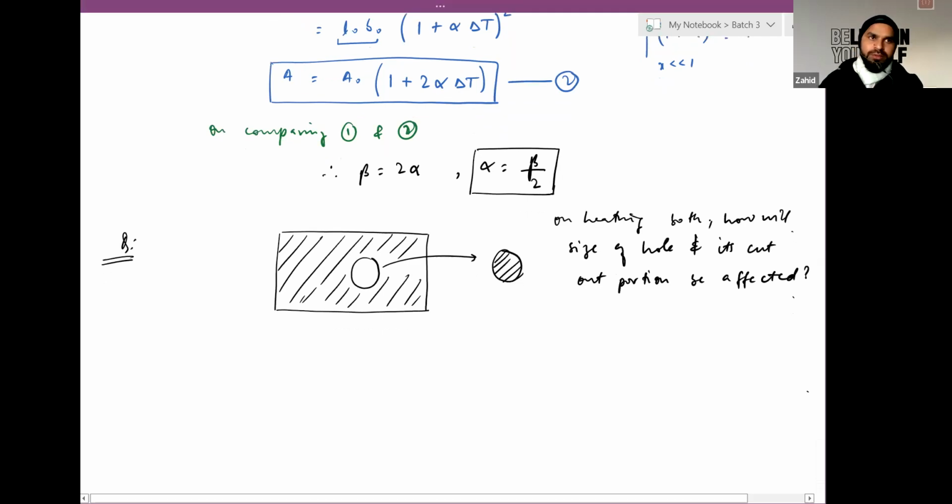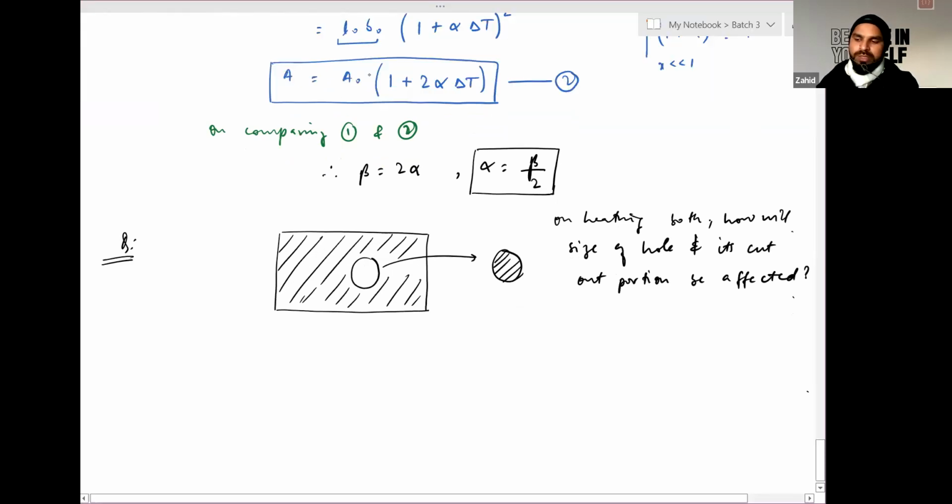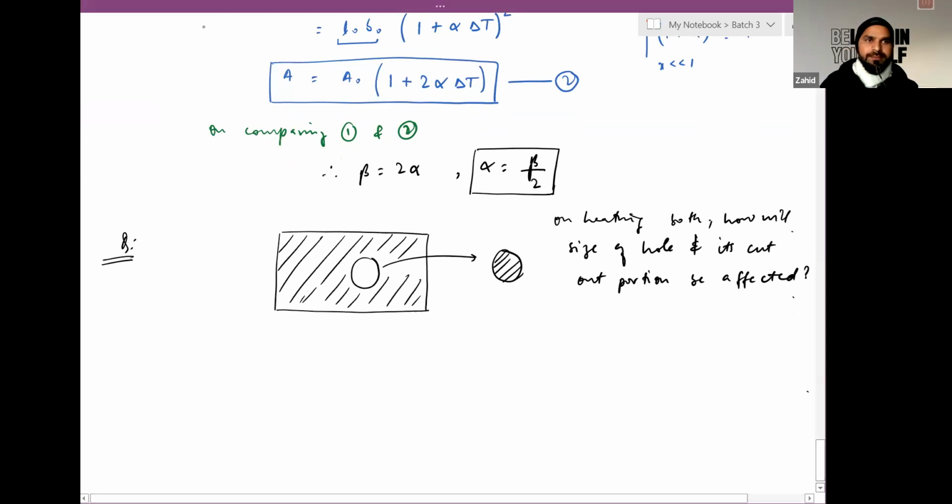Will the size of hole and its cutout portion expand, or will the hole start shrinking and its cutout portion start increasing, or vice versa?